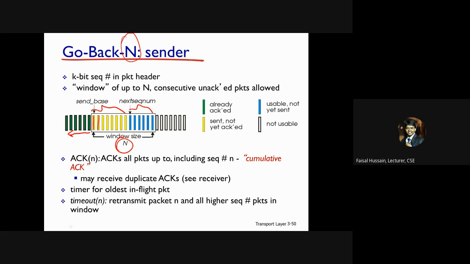Whenever the acknowledgements of these two packets are received by the sender, the window will shift to the right. The start of the window will start from here, and these two will be colored green, and it will include two more packets in this way. This is also known as a sliding window because it has the property of sliding from left to right. It slides to include more data packets which can be sent out without getting any acknowledgement. I think you understand the idea of the window.